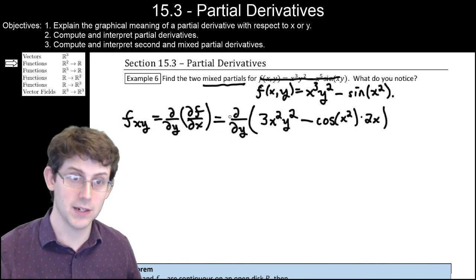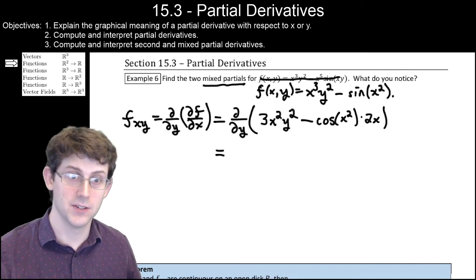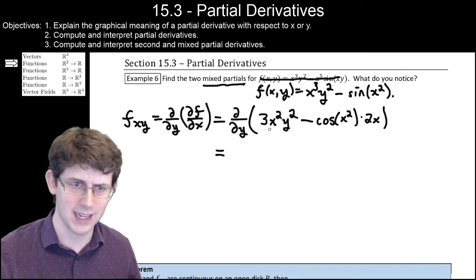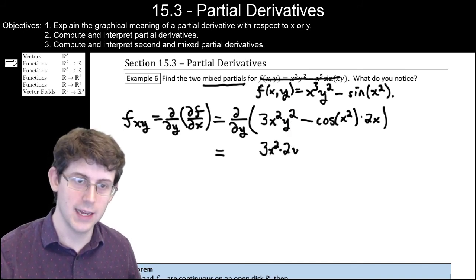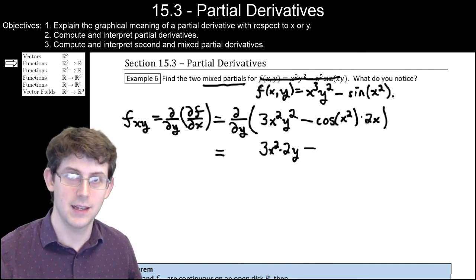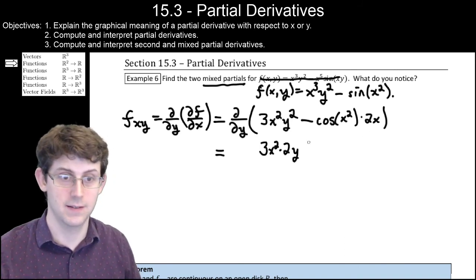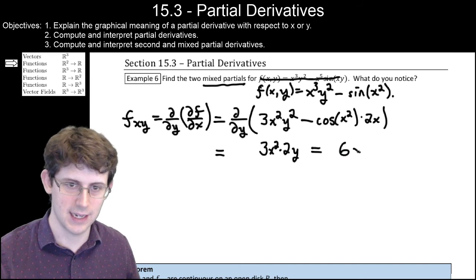Now we do the y partial derivative of the result. The y partial derivative of this is, well, we've got a constant times the derivative of y squared. So we'll have 3x squared times 2y. And then the y partial derivative of all this is 0 because it has no y's in it. This does not depend on y at all. So the final answer for f_xy is 6x squared y.